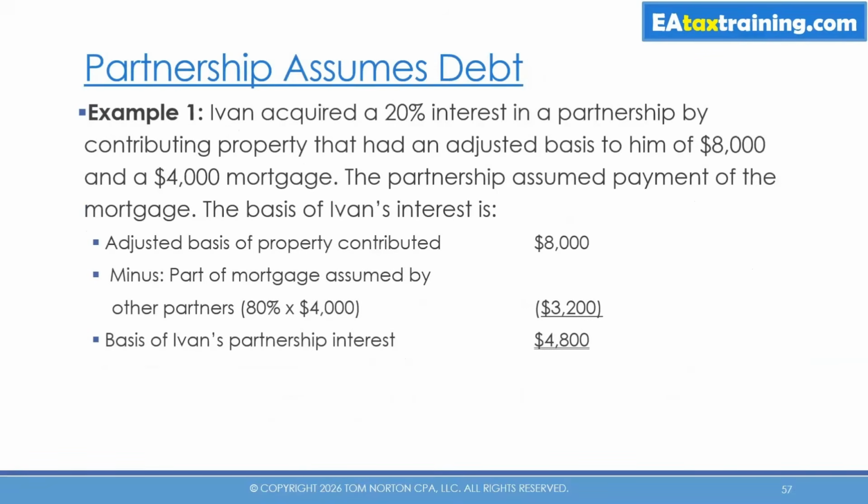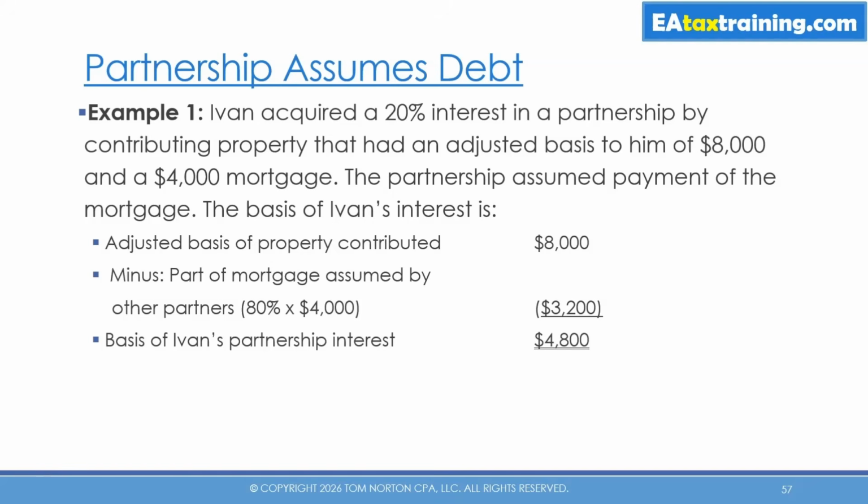So let's look at a couple of examples. Example 1. Ivan acquired a 20% interest in a partnership by contributing property that had an adjusted basis to him of $8,000 and a $4,000 mortgage. The partnership assumed payment of the mortgage. The basis of Ivan's interest, therefore, is $4,800.